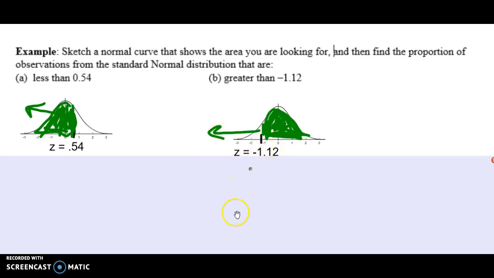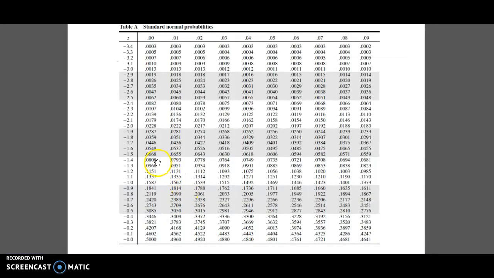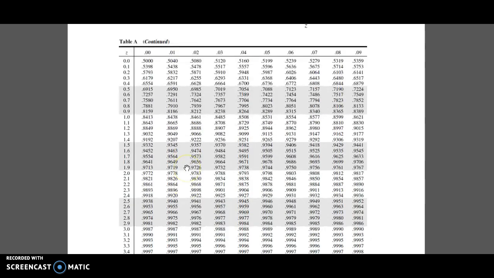So we're going to use the standard table, and we'll go ahead and do A first, where we're looking for the z value of 0.54 and its corresponding percent. So we go to, there's negative values in a z table, and then there's positive values.